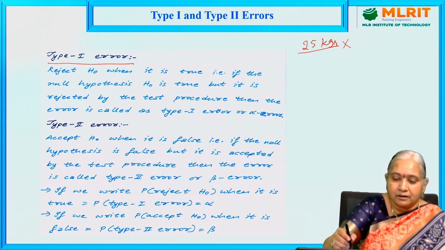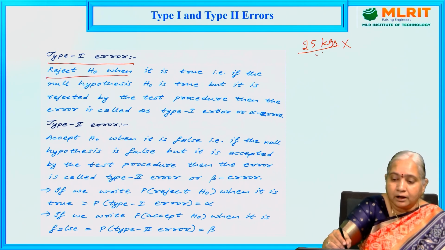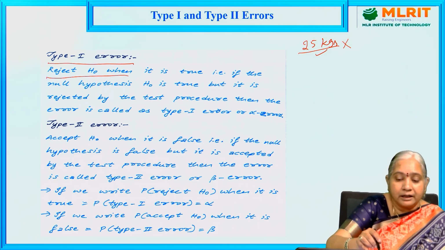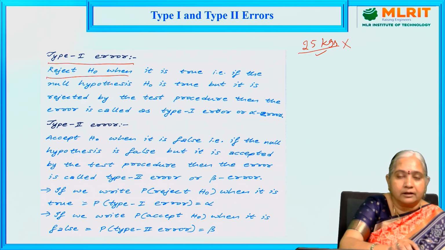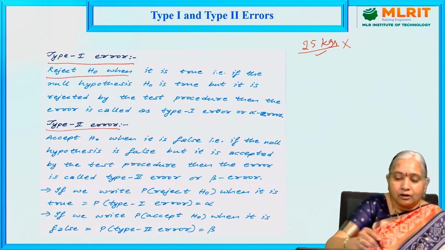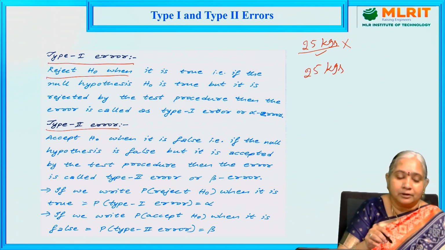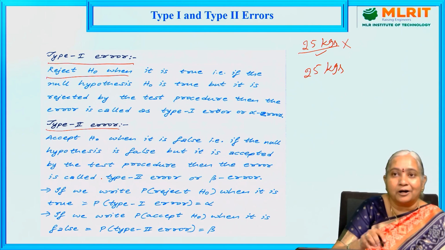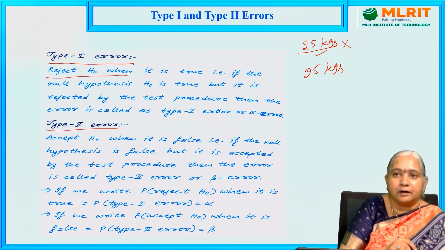That means we are rejecting a good lot, the 25 kgs bag, even though the sample rice is good. So this type of error is called type 1 error. And type 2 error is we are accepting a good lot even though the sample rice is not good. So this type of error is called type 2 error.